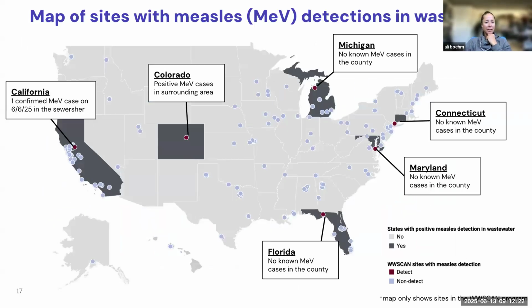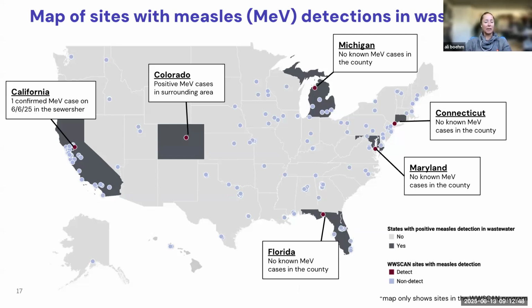This is a visualization of sites that have had at least one positive measles detection. You can see the site is red if it was positive. The state is dark gray if it has a site that was positive in the state. And then you can see underneath the label of the state whether or not there's a known measles case in the county.